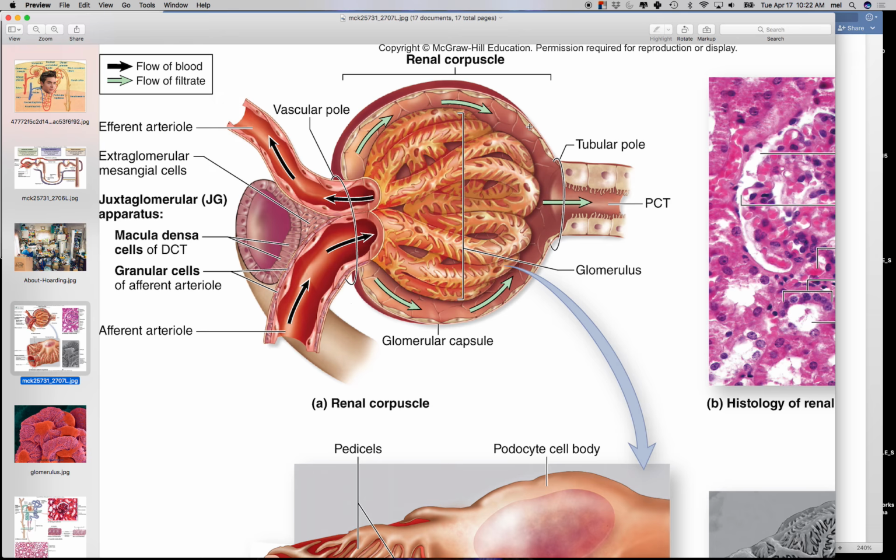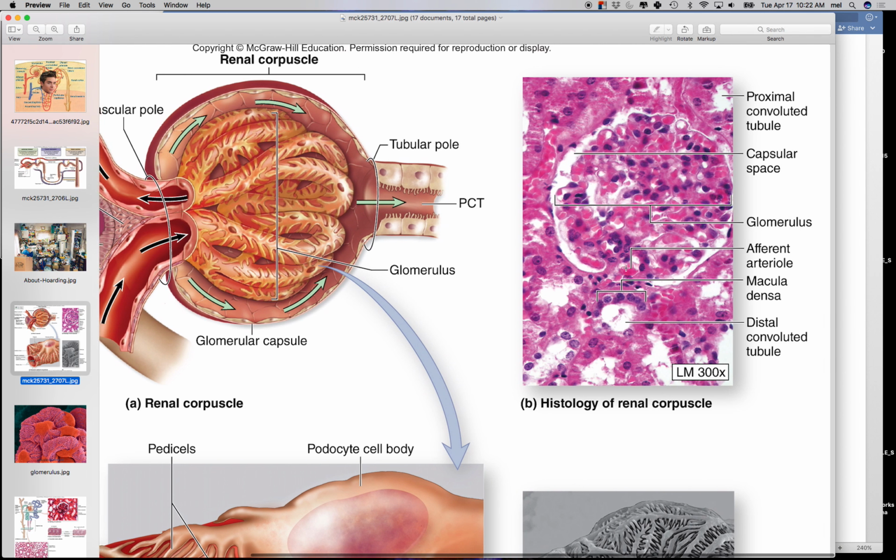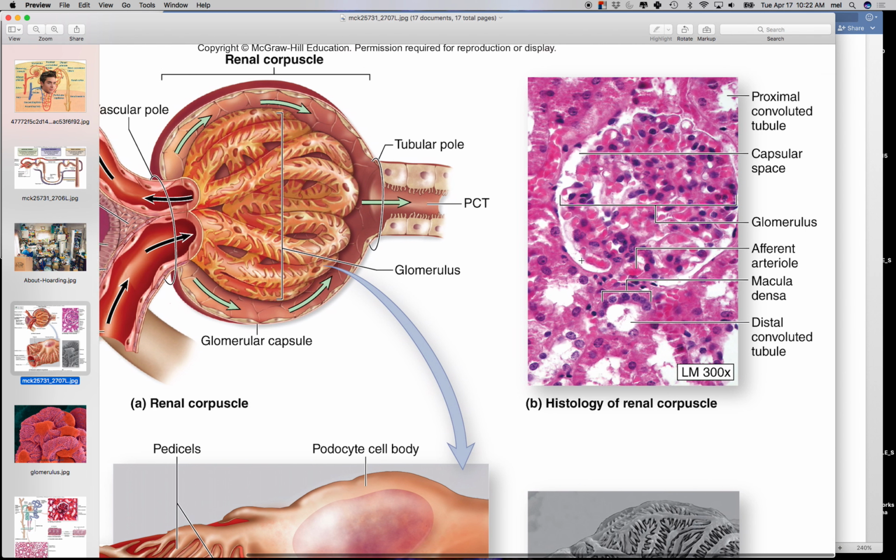So now we are in the capsule right here. Collectively, by the way, I don't know why they decided you needed another name, but this is the site of filtration in the nephrons, and collectively both the pitcher and the catcher, the glomerulus plus the capsule, are called the renal corpuscle. You can see those really easily on a histology slide of the kidney.